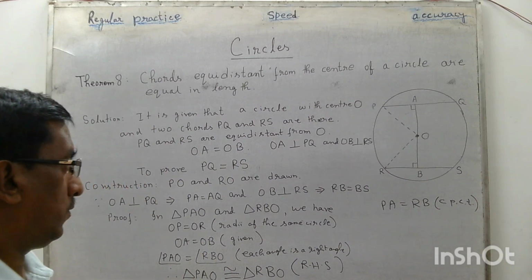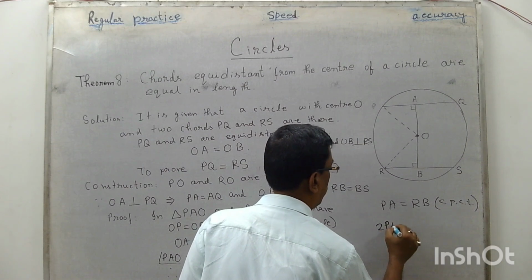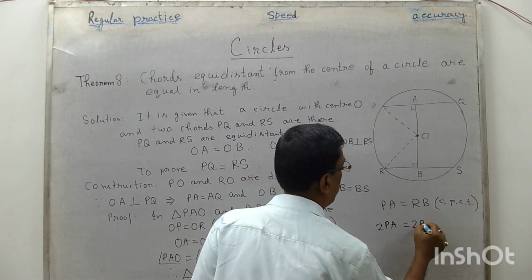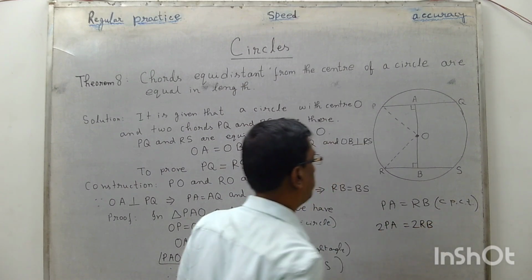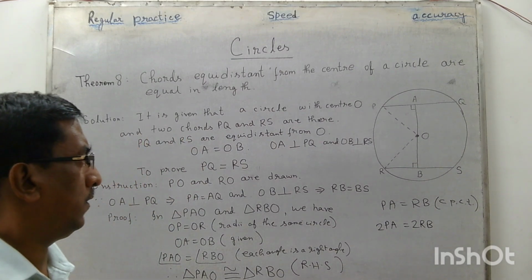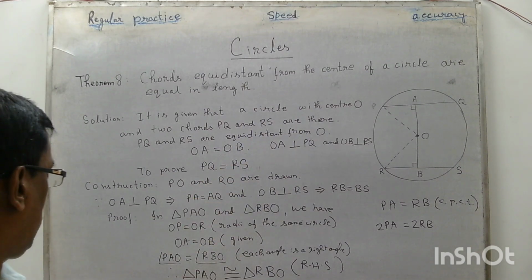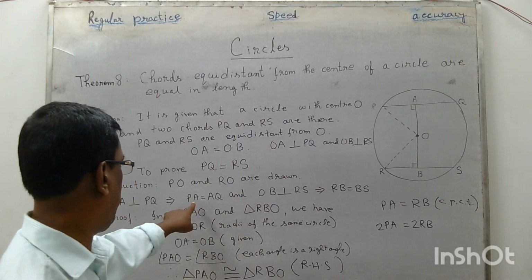Now twice of PA equals to twice of RB. Now twice of PA means how much? Here I have already stated that PA equals to AQ.